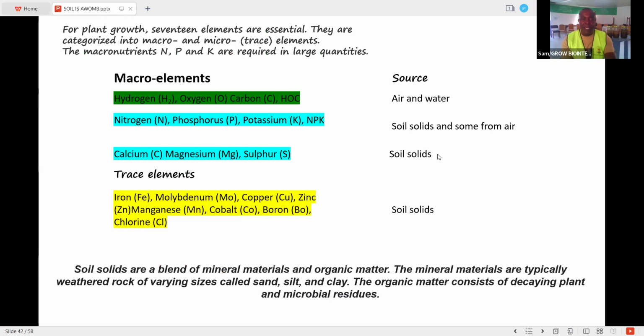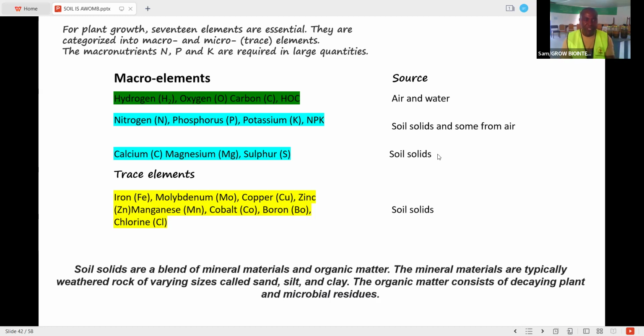Any plant, any crop that we grow, requires 17 elements. Any crop that you're growing in your farm requires 17 elements. And these 17 elements are very, very important. So the 17 elements are required in the soil, and then the plants take them. The first 3 elements that are put in green, I call them HOC, H-O-C.